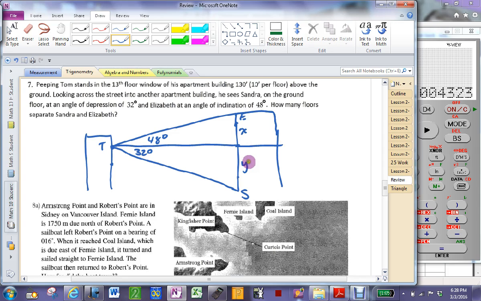So how do I do that? Well, I know how tall this is. This is 130. So I need this distance. But to do that, I need two pieces of information, and I only have one. So I gotta find this side here.